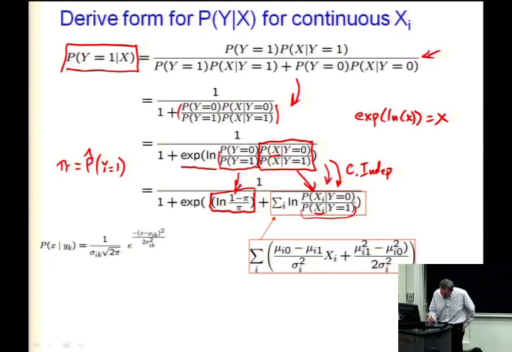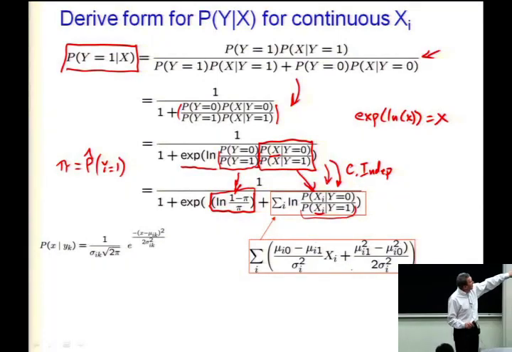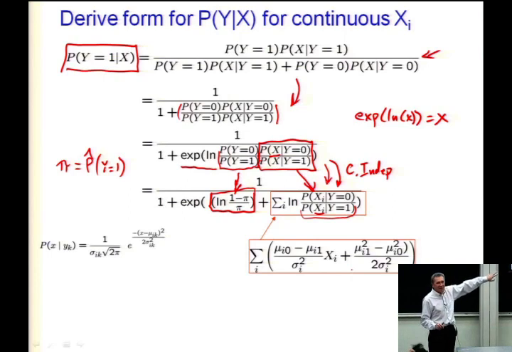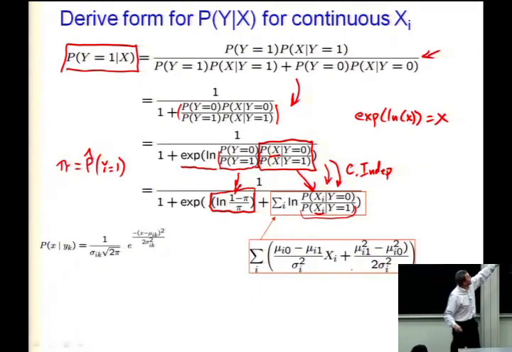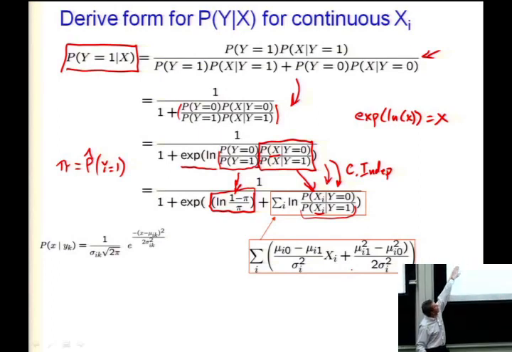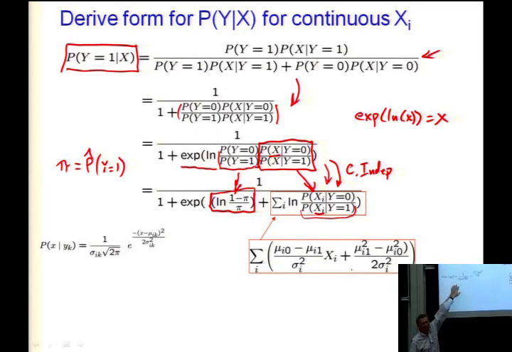But it turns out that the sum over i of the logarithm of this ratio ends up being the sum over i of this quantity. And you see those mu's are the means and the sigmas are the variances of the two conditional Gaussian distributions p of x given y equals 0 and p of x given y equals 1.